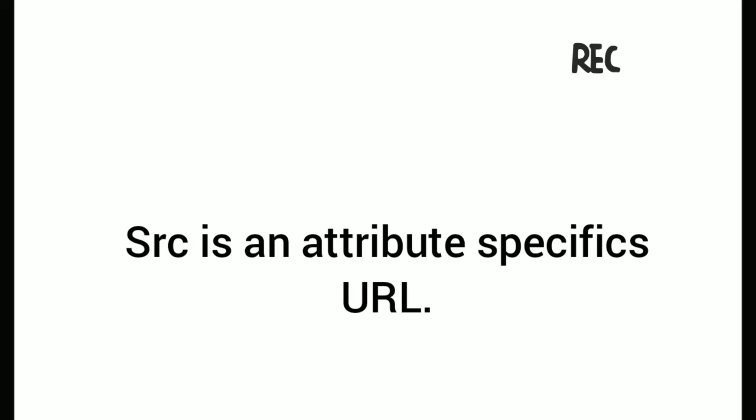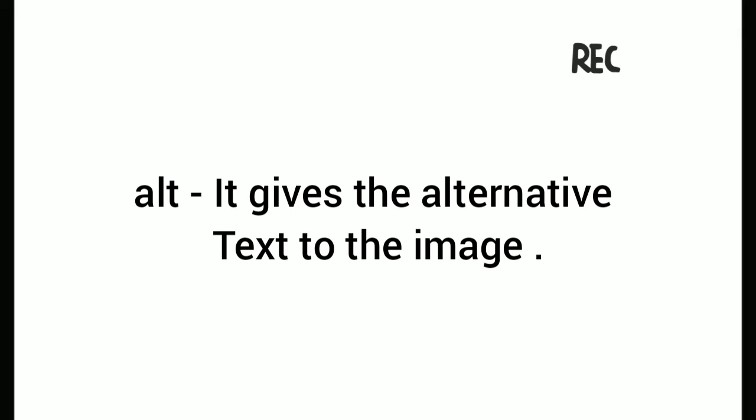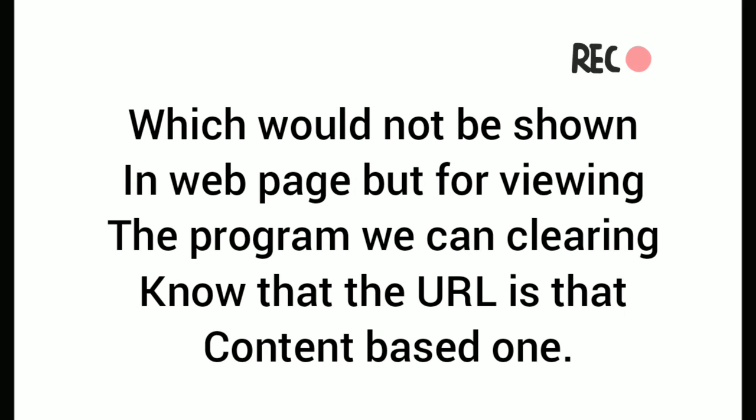These are the attributes. There are some more attributes which come under the image element or other elements of HTML. Now we are going to learn a new attribute which is used in image, which is not much responsible for an image. For a programmer to read what the image consists of, it gives alternative text to the image, which describes the content of the image.